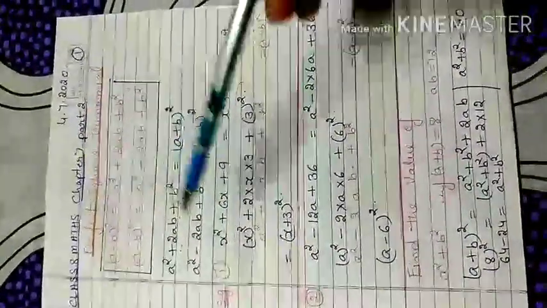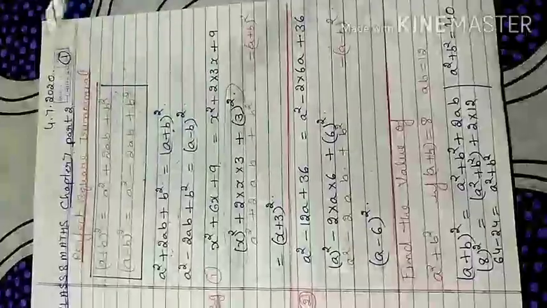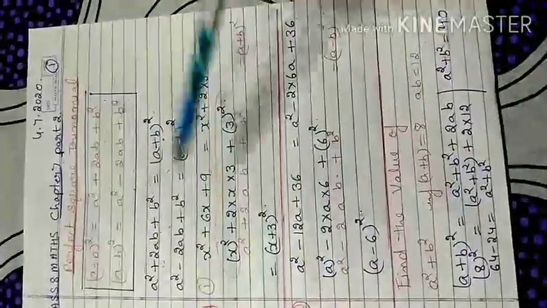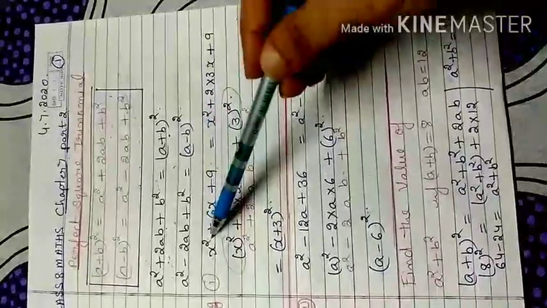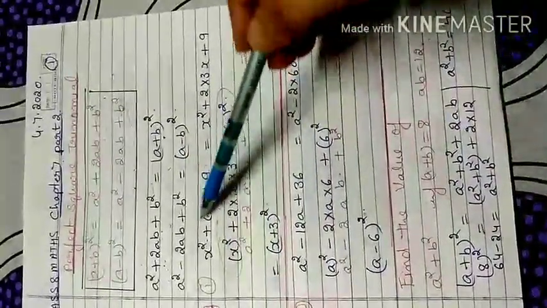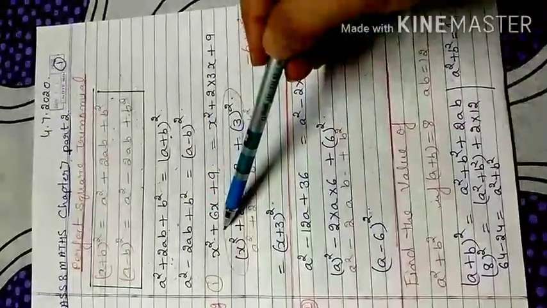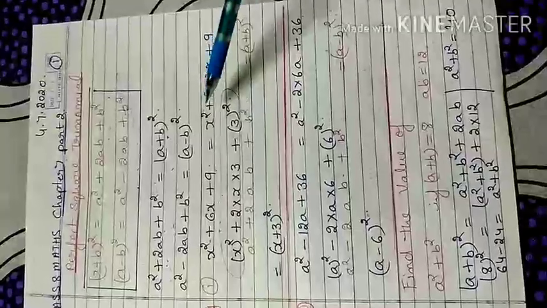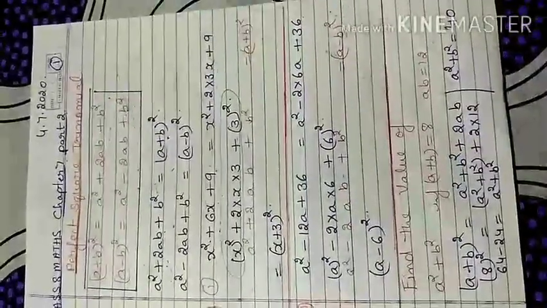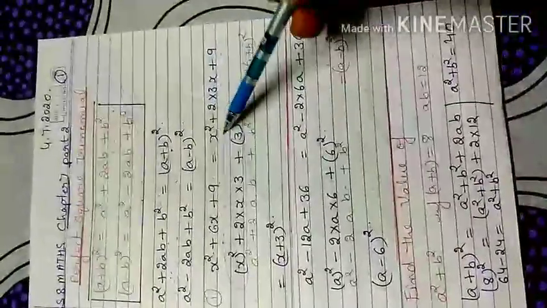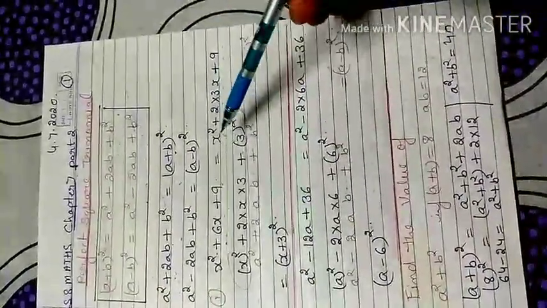Suppose I have x square plus 6x plus 9. First I keep the 2 separate from here, because this is a perfect square, this is a perfect square, and this middle term is not a perfect square. You check the positive sign between, which will accompany that term, and first you keep 2 separate from it, that is 2 into 3x plus 9. Now you make the first and last terms squares.